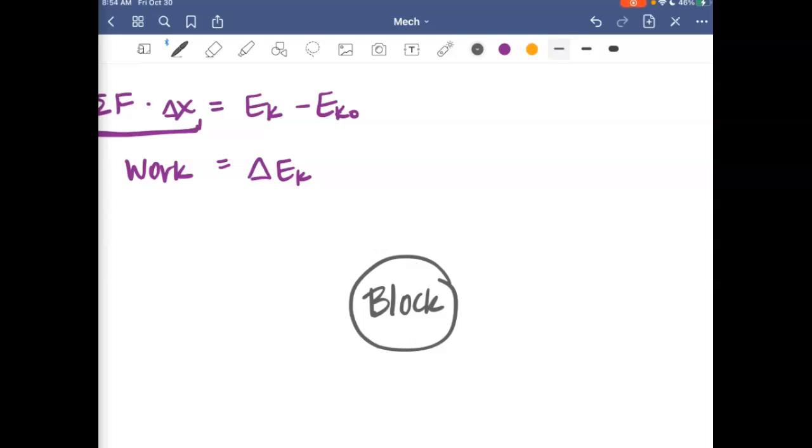Well, the block is being pulled on by a cord. So the cord is outside the system, or whatever the pulling mechanism is. All right. So there's a cord outside of my system. There's an earth outside my system. There is a surface outside my system. And so the block is the only thing in my system. And so the surface could do something to the block. The earth could do something to the block.